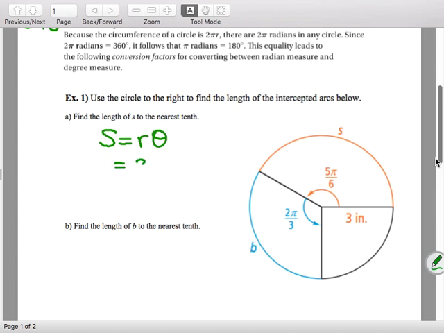So the radius is 3, and my angle is 5 pi over 6, because it's written right there. This one is to the nearest 10th, that's your tip-off that we want a calculator. So grab your calculators. That's 15 pi over 6, and I got 7.9 inches.